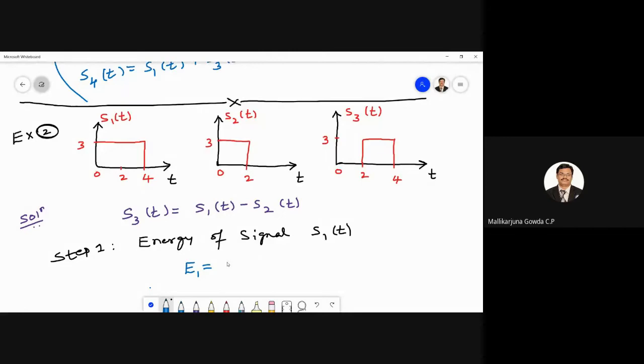To find the energy of a signal, I need to integrate the signal S1 of t over its period. Square and integrate, yes or no? Yes, sir.